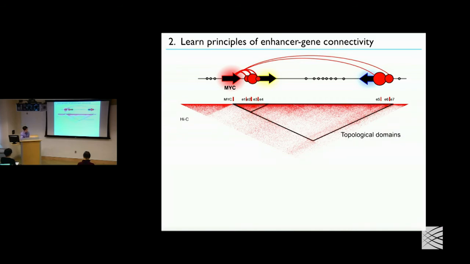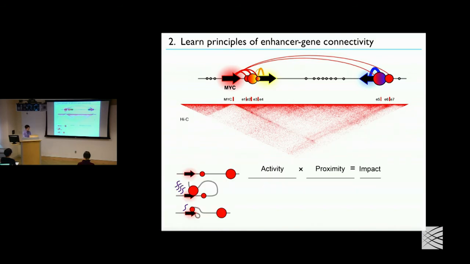As it turned out, the presence of the domain didn't actually seem to be predictive, although it did a good job of determining which enhancers would actually regulate MYC. It turns out only a subset of these enhancers regulate each of these two genes, and so this wasn't a particularly good model.